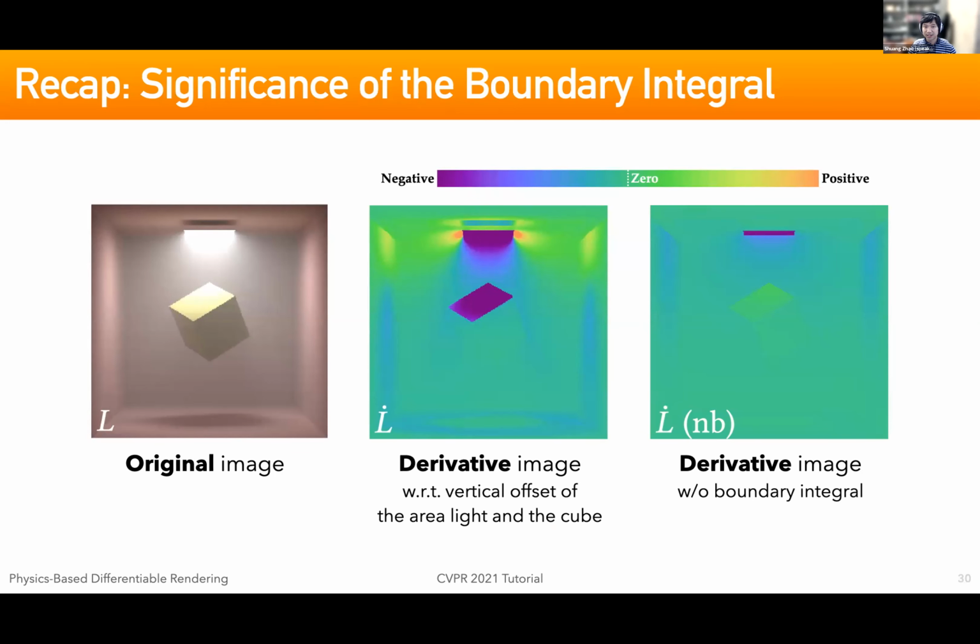Basically, if we just neglect the boundary integral by setting it to 0, we can get very wrong derivatives that can certainly break your analysis-by-synthesis optimization. Especially if you look at the top side of the cube, you can see that if you neglect the boundary integral, you get near-0 gradient, which is not what you want.